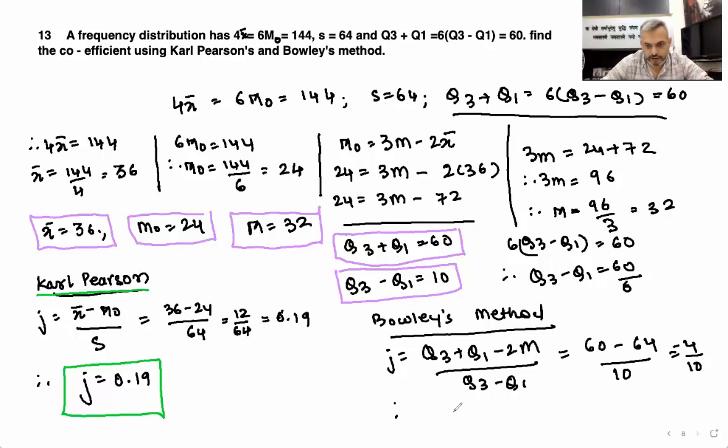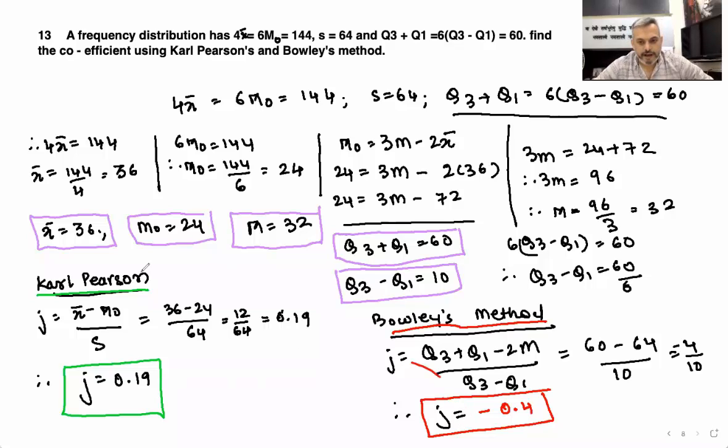Therefore, J is equal to minus 0.4. So as per Bowley's method, it is minus 0.4, and as per Karl Pearson, it is 0.19. Please do the sum.